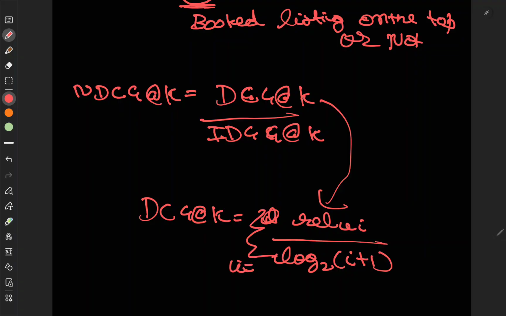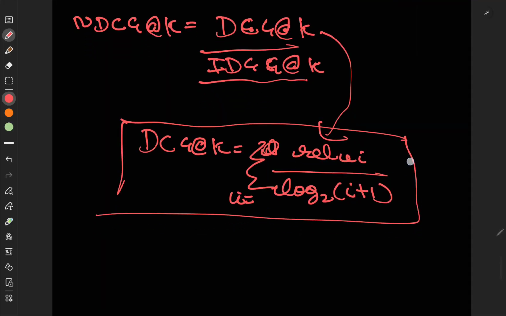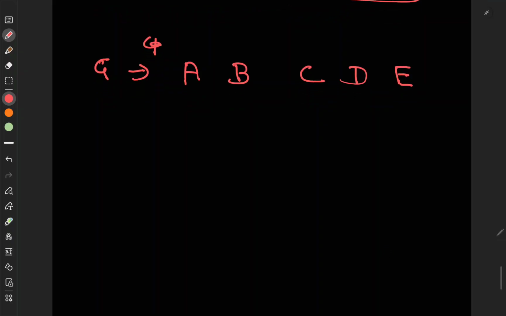I'll explain by giving an example of how we calculate this score. Let's say a user was seeing listing G and the recommendations shown to him are A, B, C, D, E. This is rank 1, rank 2, rank 3, rank 4, rank 5.